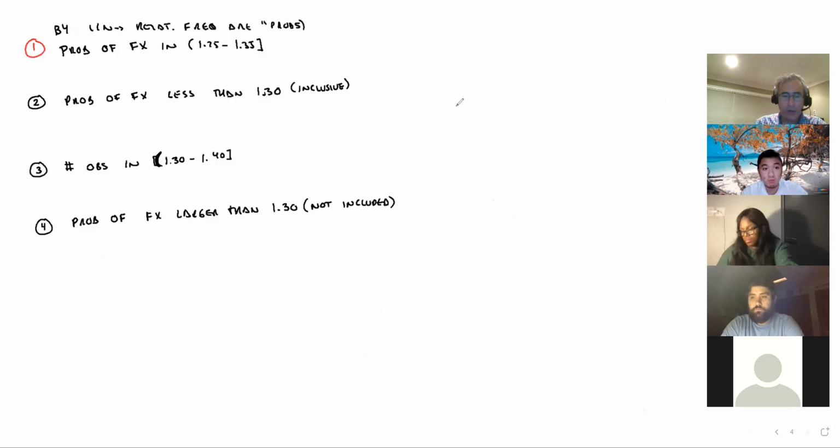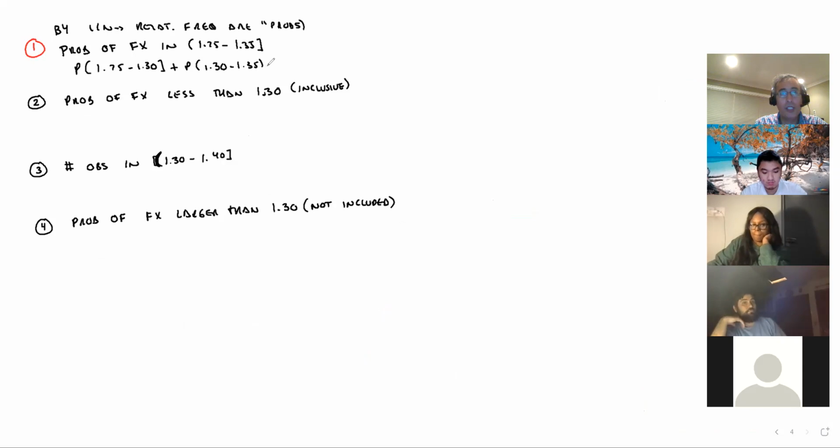Okay, so this can be equal to the probability of being between 1.25 and 1.30, plus the probability of 1.30 to 1.35, that is equal to 0.4 plus 0.3 equals 0.7, correct?